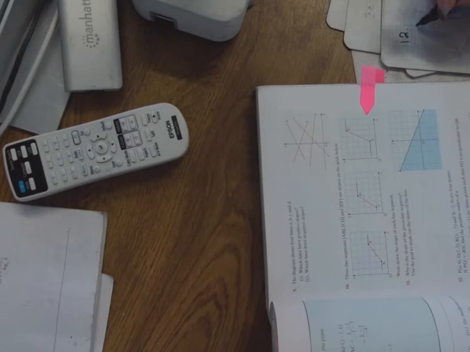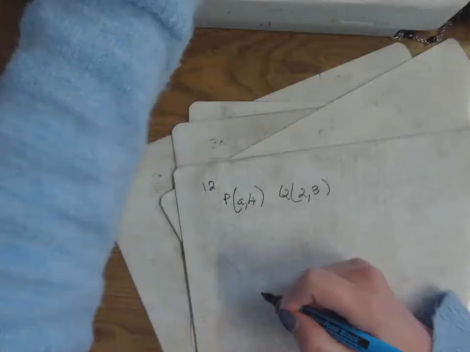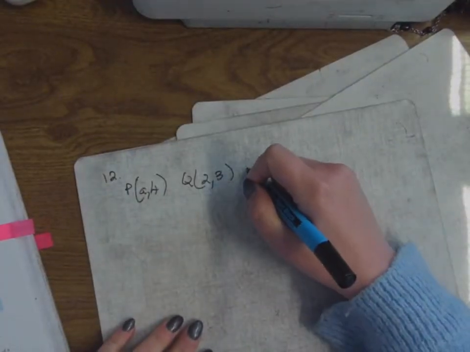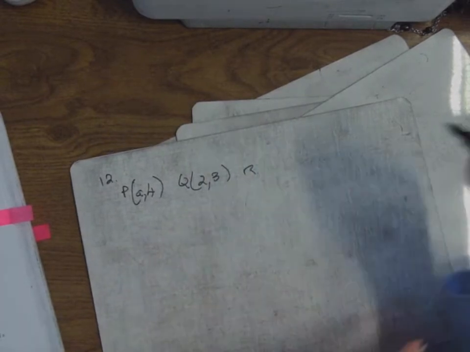So P is the point A, 4. Q is the point 2, 3. R is 3, minus 1.